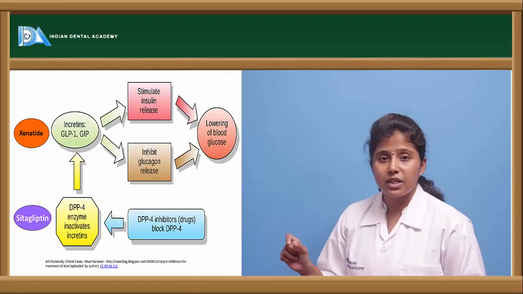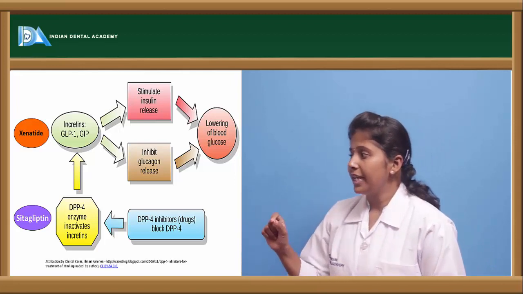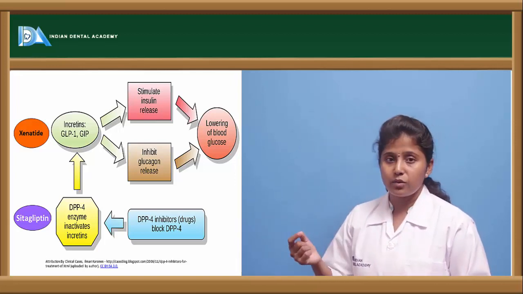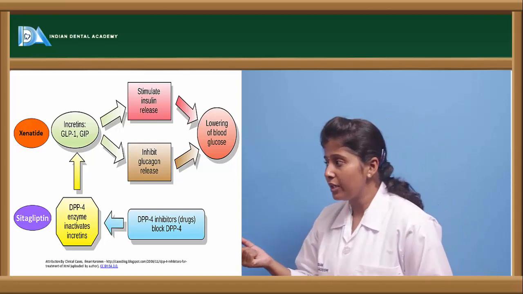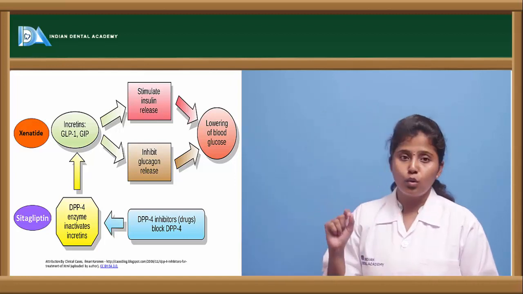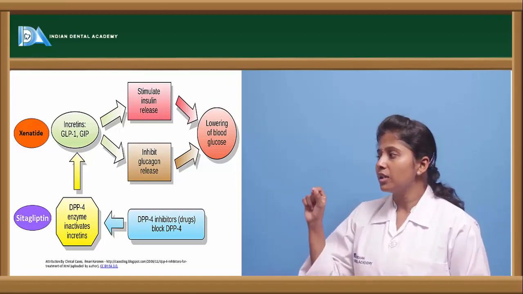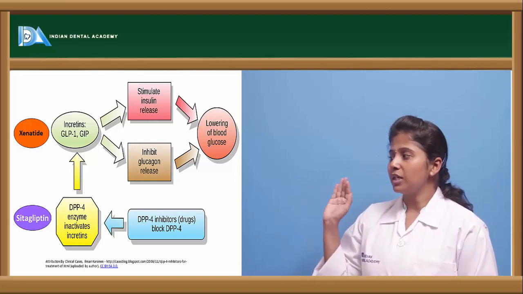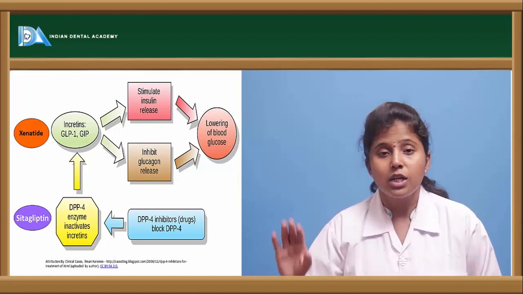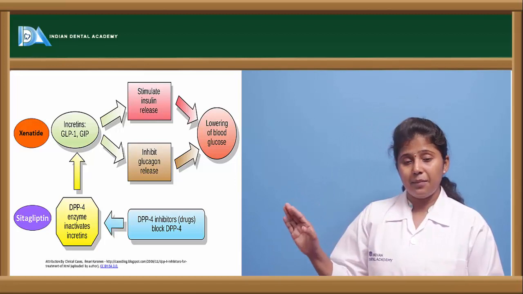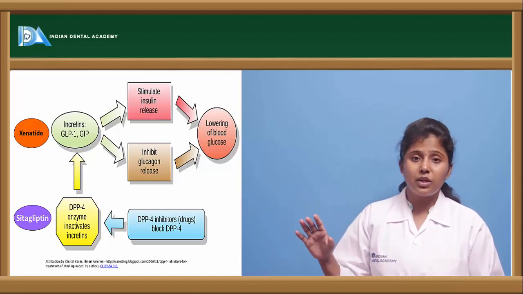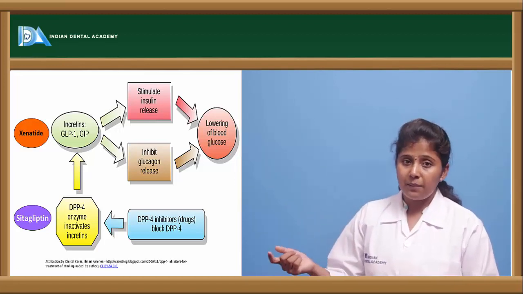Here we can see the pictorial representation. The incretins which are released from the small intestine stimulate the insulin release. So these GLP stimulate the insulin release and they inhibit the glucagon release. The ultimate motto is the lowering of blood glucose levels. But this GLP is metabolized by the dipeptidyl peptidase enzyme.